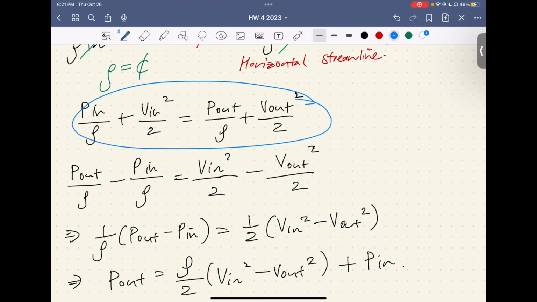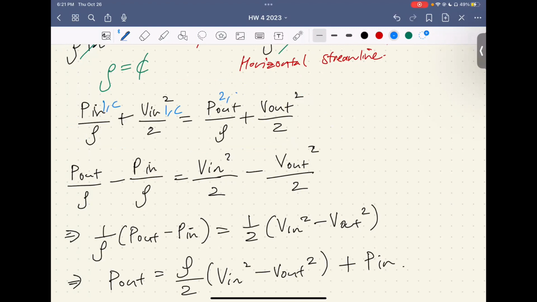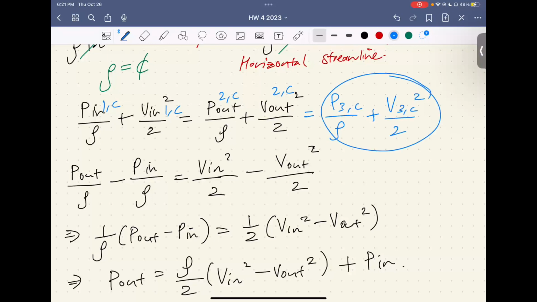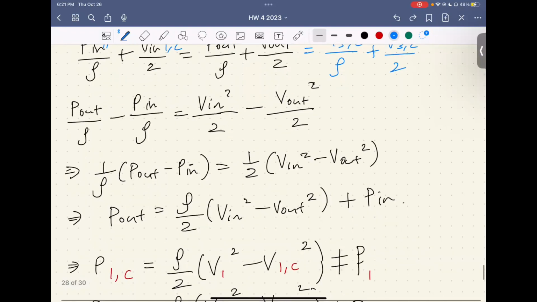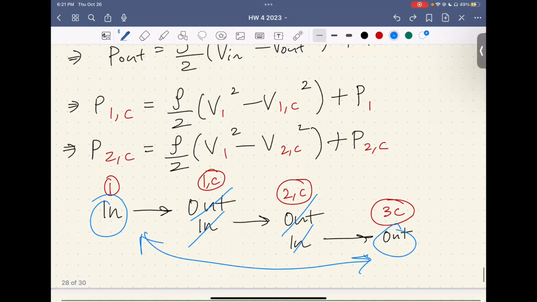In, out, well, this is 1C, 1C. This is 2C, 2C. It's equal to P3C plus V3C over 2 squared, and then we're relating these two right here. Does that make sense? So ultimately, this is what conservation is, that everything is all connected through equilibrium, okay?